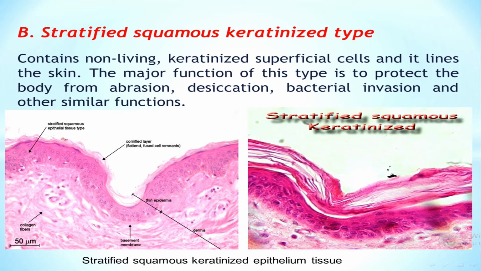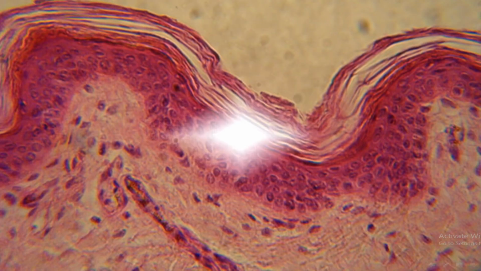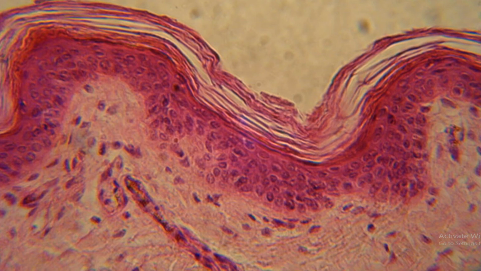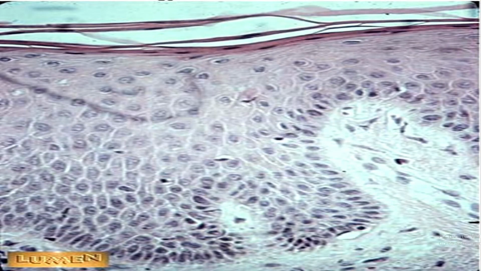Here we see the keratin on the surface of the epithelial tissue. This another slide also illustrates the keratinized type.